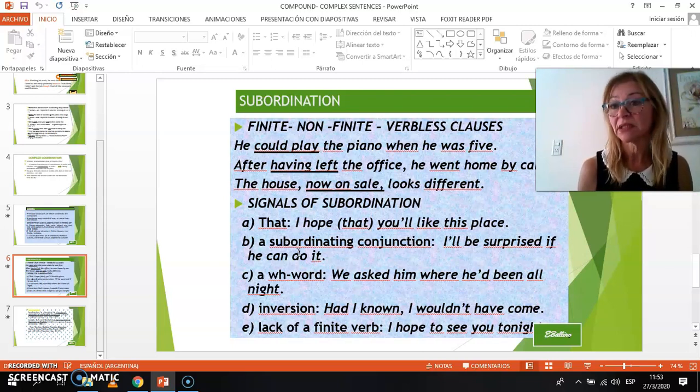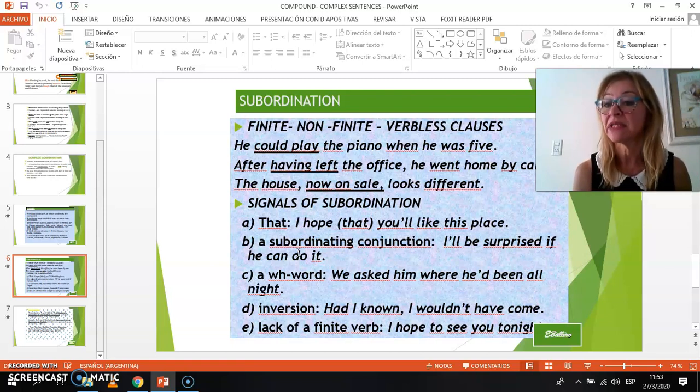All these aspects that I'm going to mention now are signals of subordination. For example, the use of that: I hope that you will like this place. When that introduces a clause, that means that the clause is subordinated or dependent on the main clause.